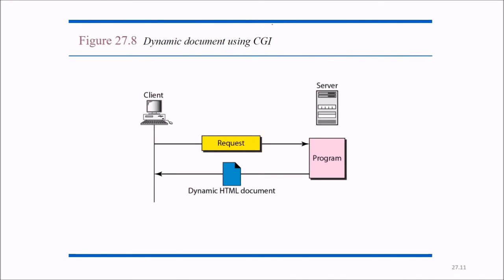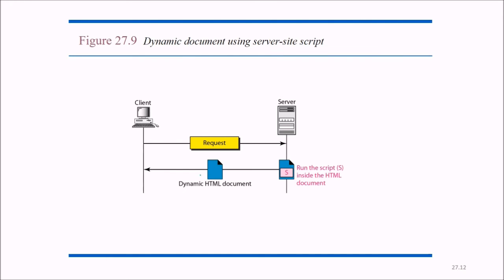This is the dynamic document using CGI, and you also have Perl. CGI is for making the document dynamic, right? So you can make an HTML document using CGI, and this is the dynamic document using your server-side script. What is a server-side script? I've just told you JavaScript is a client-side script.